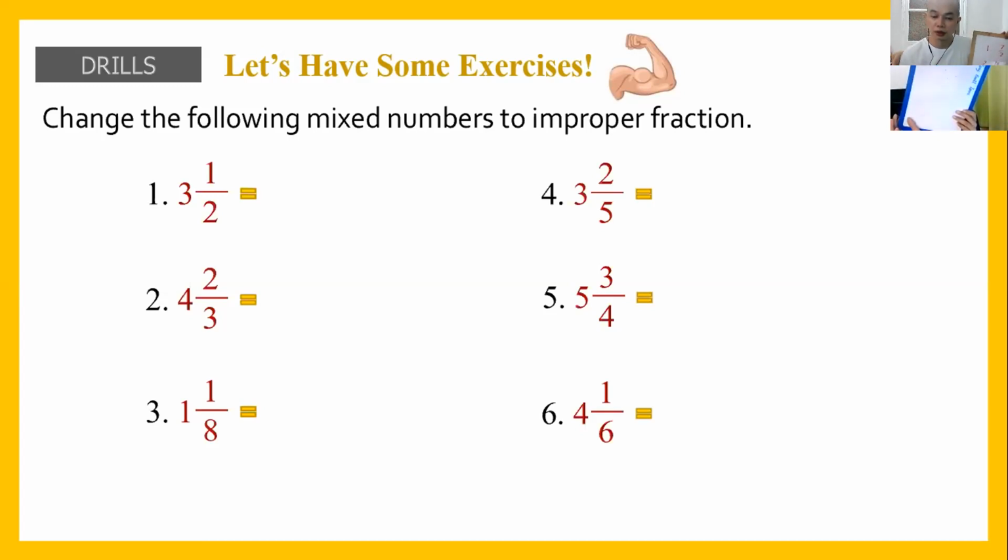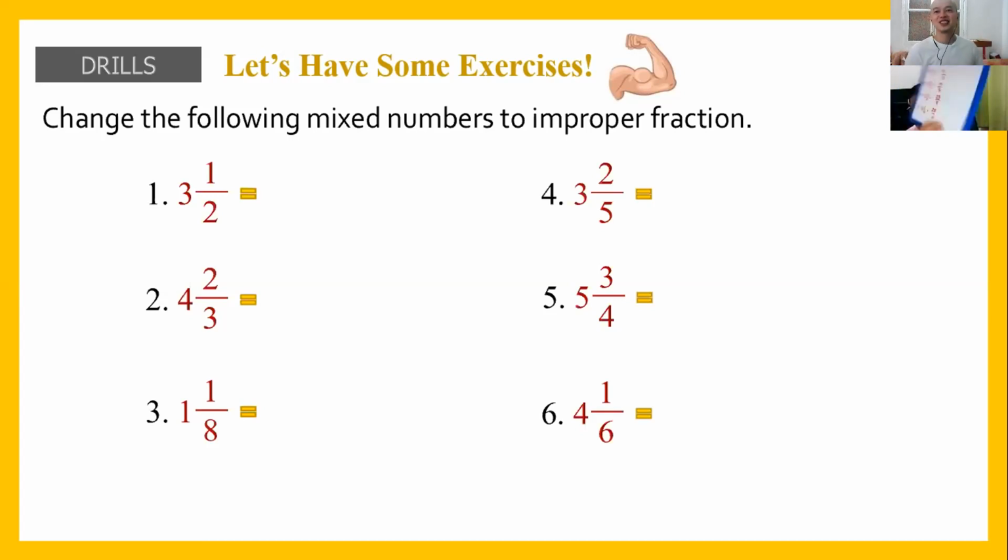Are you sure about number 4? Your denominator is wrong. Where did you get that 15? Okay. Yeah, 17 over 5, 23 over 4, 25 over 6.